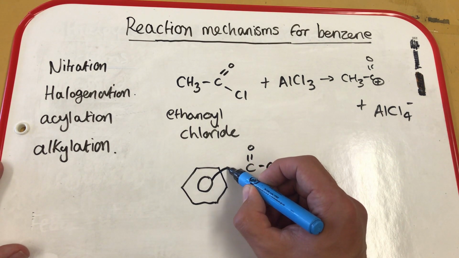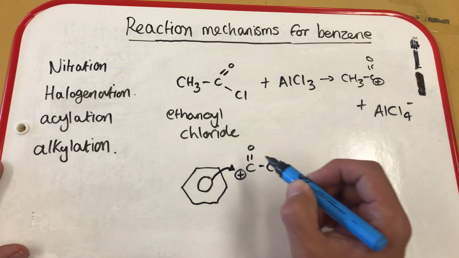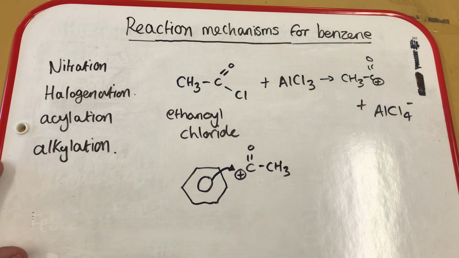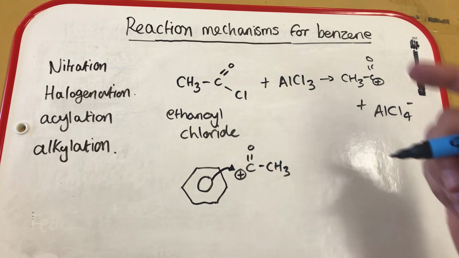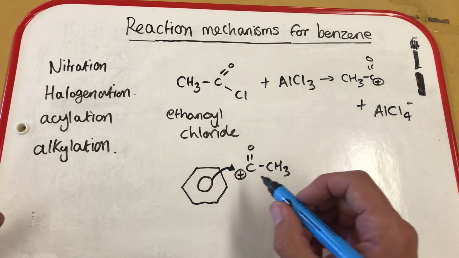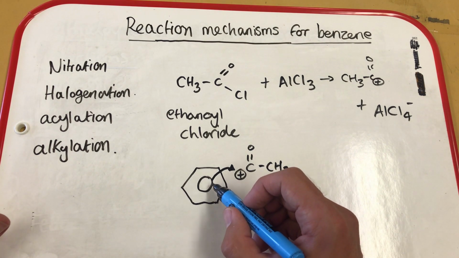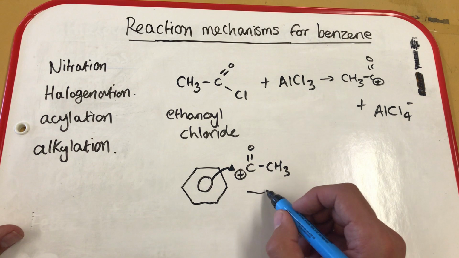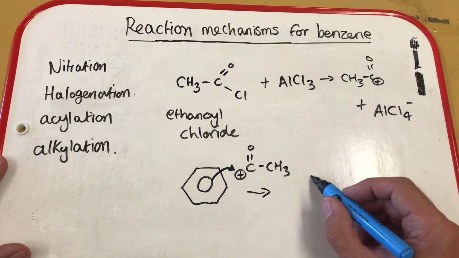There'll be an attraction of the electrons from the pi orbital, from the pi bond in the benzene, which is formed from the sideways overlap of the p orbital electrons on the carbon, the 2p electrons. So from the pi bond, the electrons will be attracted towards the carbon, and the mechanism is very, very similar.